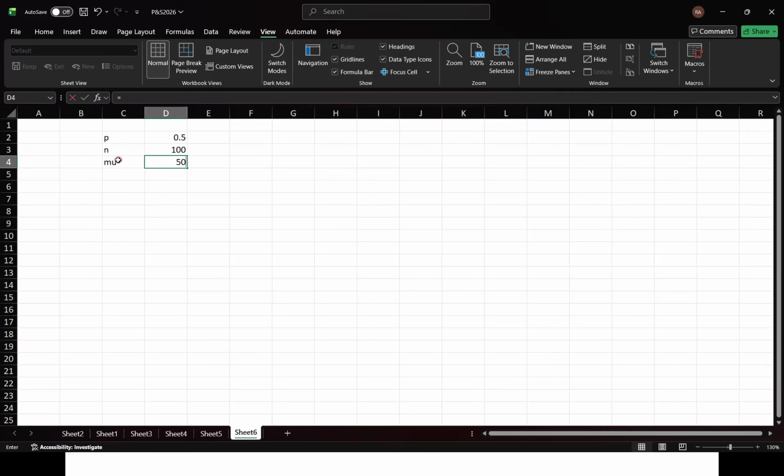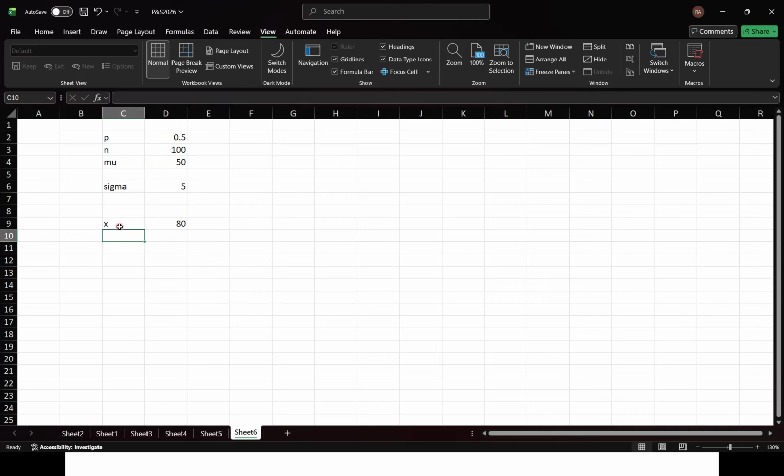So mu is equal to n times p, which is this one, and the sigma value is the square root of npq, so n times p times q, where q is 1 minus p. So it is 5.